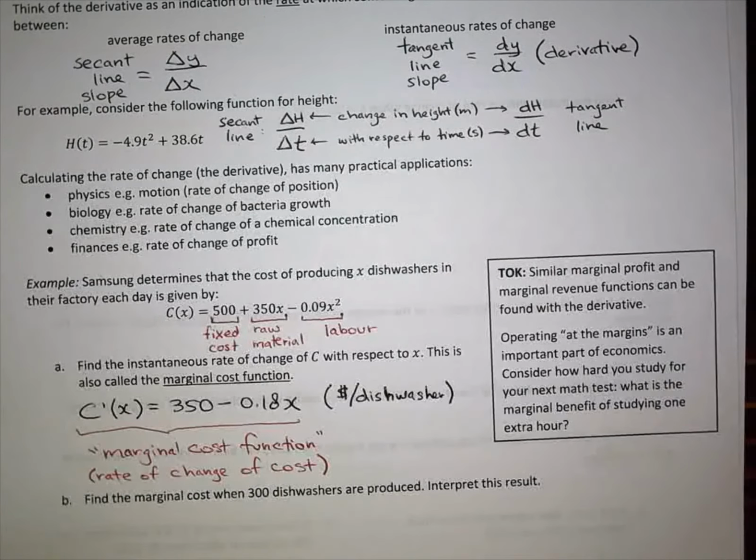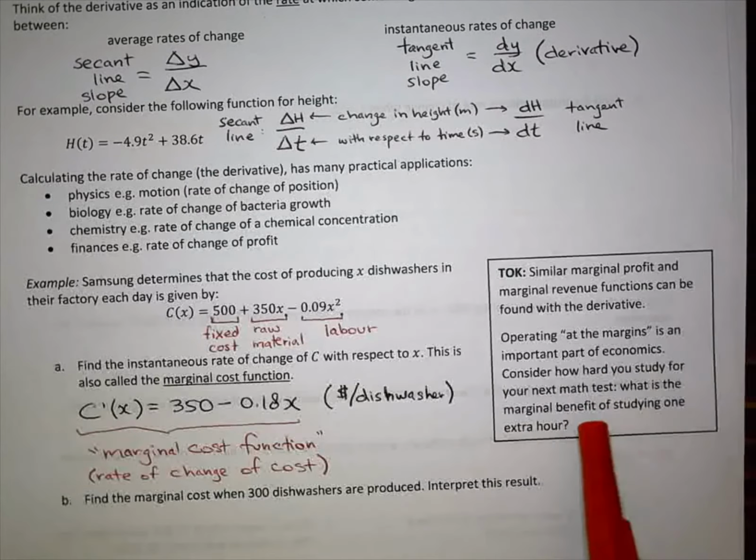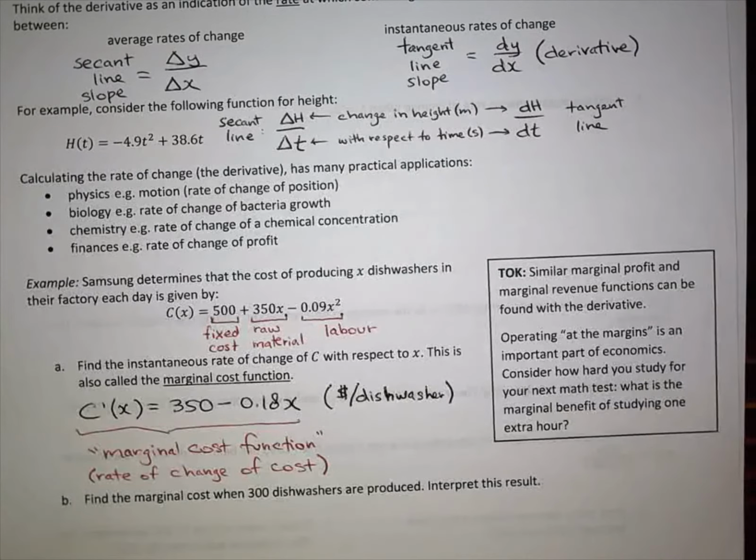This idea of operating in margins isn't just in economics. Consider when you study for your next math test. You might study 8 hours, and that's going to get you caught up on a lot of material, and then you probably know it very well. But is it enough to get perfect? Maybe not. So let's say you would have gotten a 50%, but doing that extra 8 hours, you're probably going to get 75%. Study for another 2 hours, you might go up to a 77.